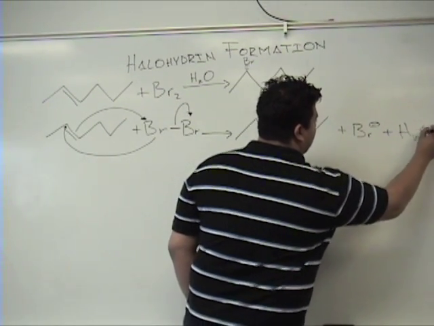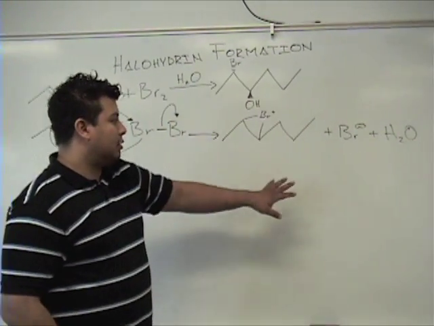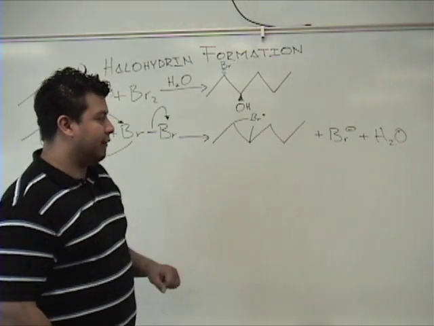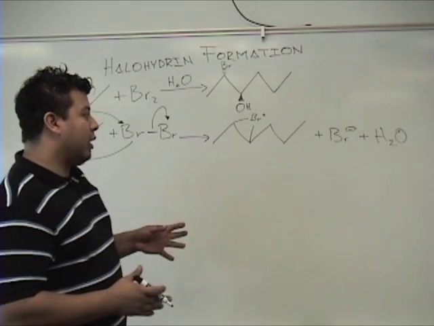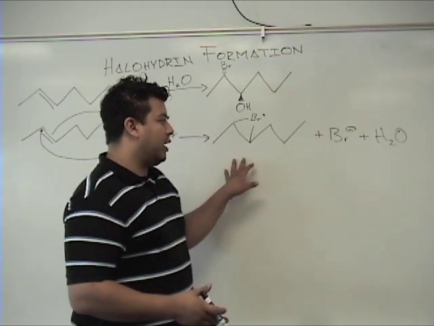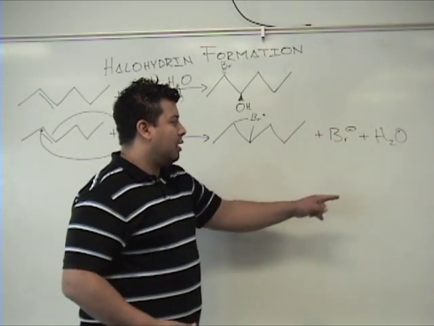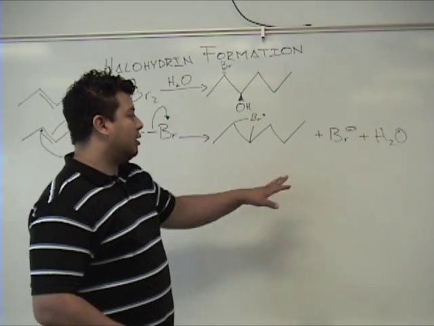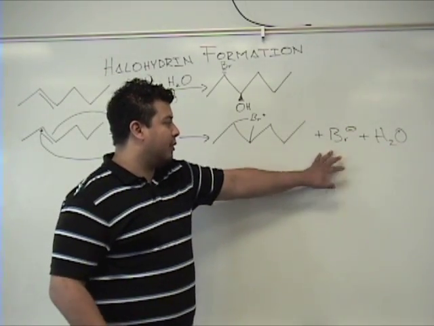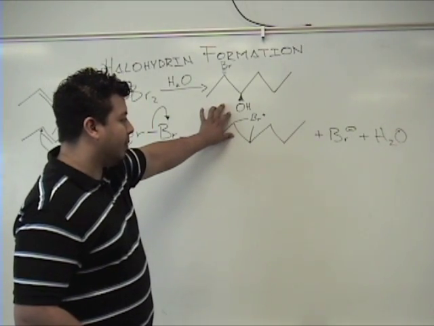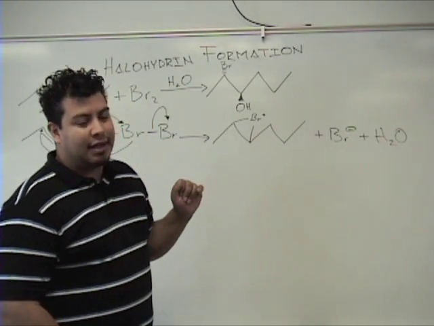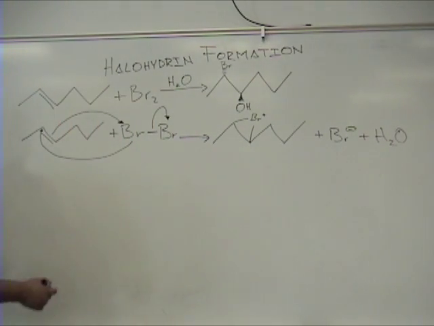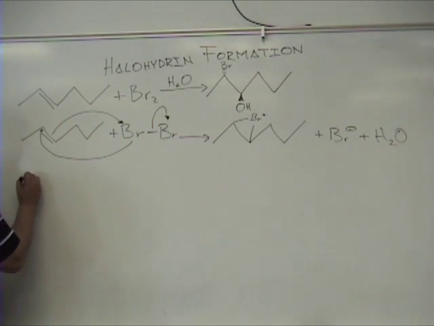So we know that this Br can attack one of these, and this can leave, and we will get some of that product, but our major product will be adding the OH to this side. We do get part of the product of the anti-addition of the Brs.